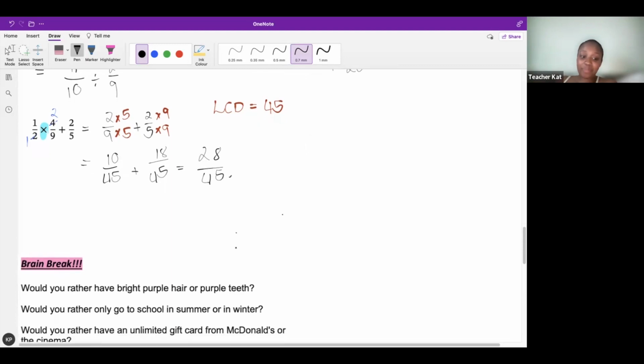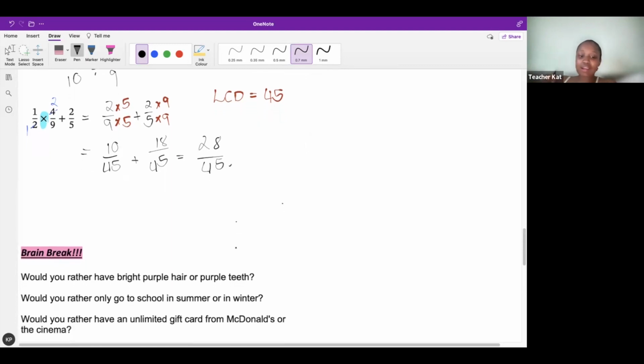Would you rather have an unlimited gift card from McDonald's or from the cinema? And that includes snacks. Your unlimited gift card is including snacks. McDonald's, cinema. I'd also pick cinema, guys. I'm not gonna lie, I would choose cinema.